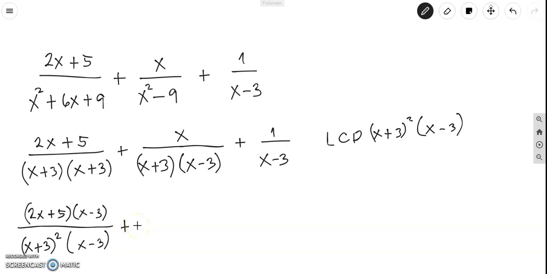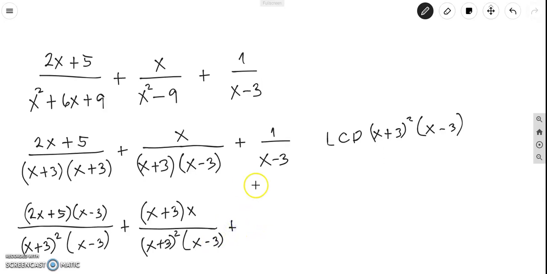Plus, in this expression, we don't have one value of x plus 3, so therefore x plus 3 times the value of x, all over x plus 3 squared times x minus 3.